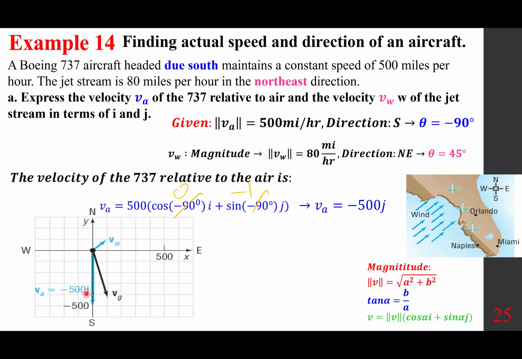The wind is going, again, it's important to understand northeast means theta is 45 degrees. So put it into this. And you know cosine and sine are both square root of 2 over 2 when it comes to 45 degrees. Divide by 2, you get 40. So 40 square root of 2 times i plus j. So that's part A, everybody.